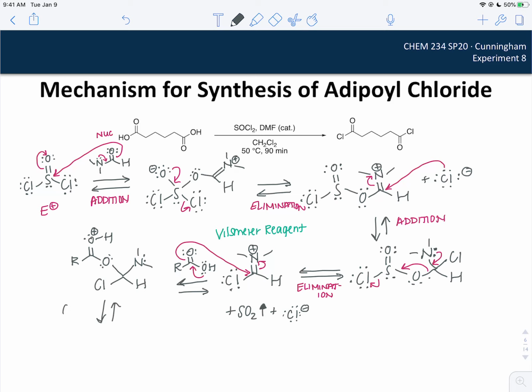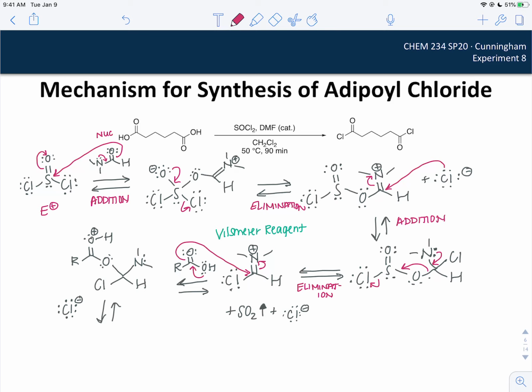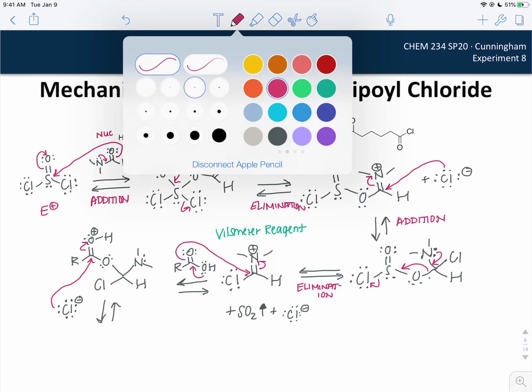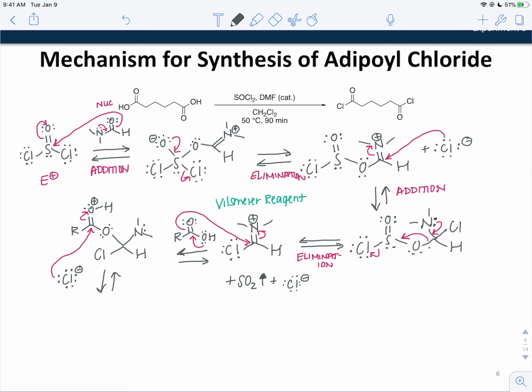And so what actually takes place here is another addition reaction where our chloride ion is going to add to that very electrophilic carbon. I'll go ahead and fill these lone pairs in up here as well.